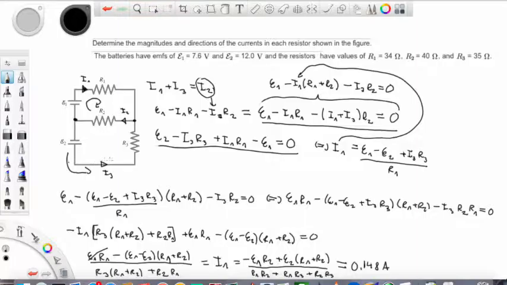Energy is conserved, which means electric potential is conserved, so hence we get over a full loop 0 as the total change in potential, electric potential, which means also in potential energy.